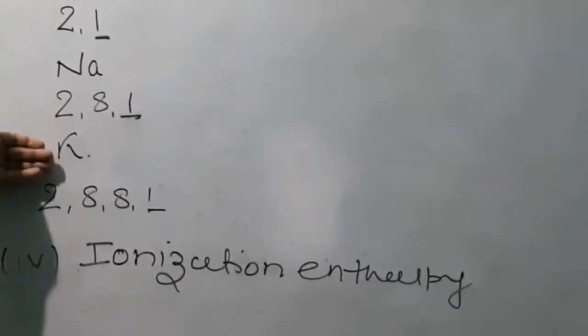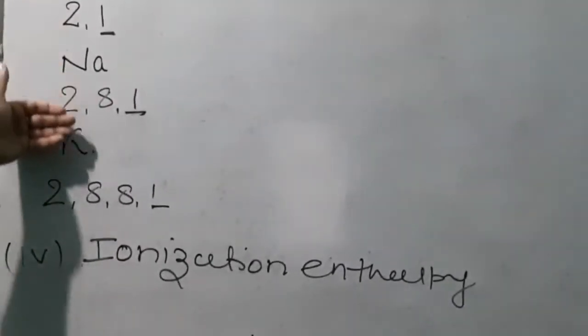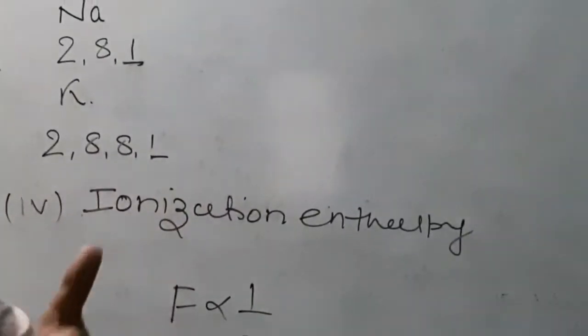So as the size of an atom increases, the ionization enthalpy value will decrease. Ionization enthalpy value will decrease due to the increase in the size of an atom.